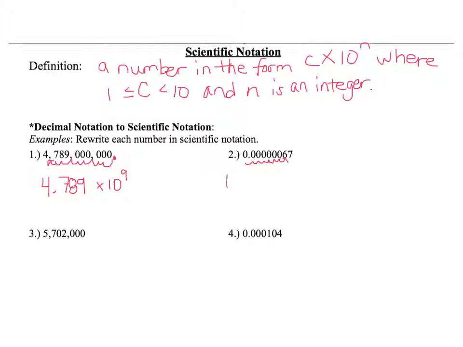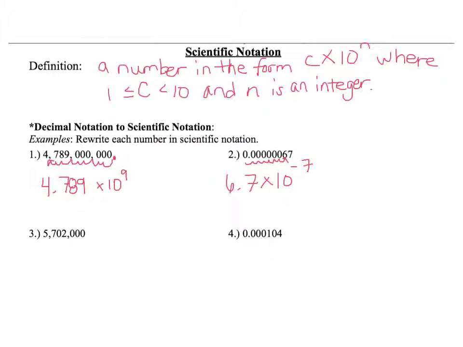So I will have 6.7 times 10 to the negative 7th power. I use a negative exponent this time because I'm starting with a very small number and I'm moving the decimal to the right, so that if I was going to translate 6.7 times 10 to the negative 7th back into a regular number, the negative sign tells me to move it to the left, and that this is going to be a very small value.